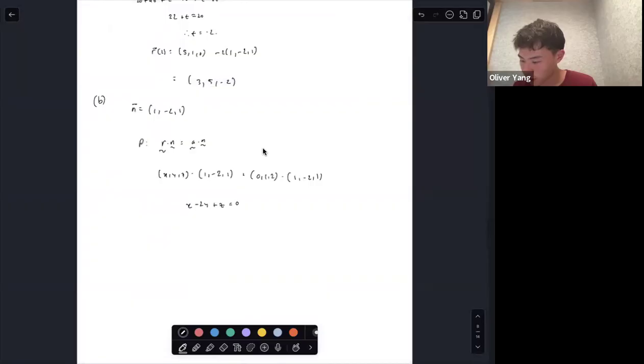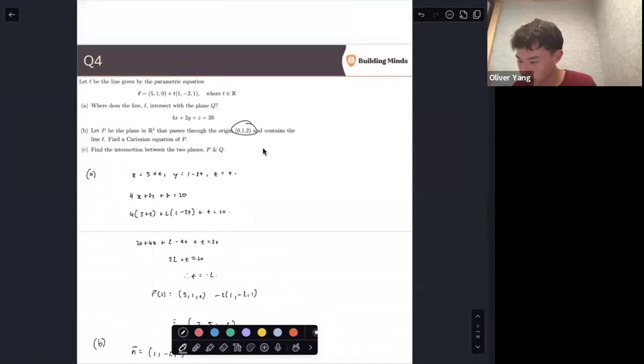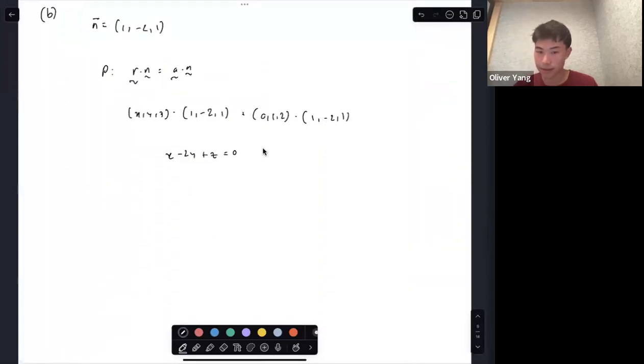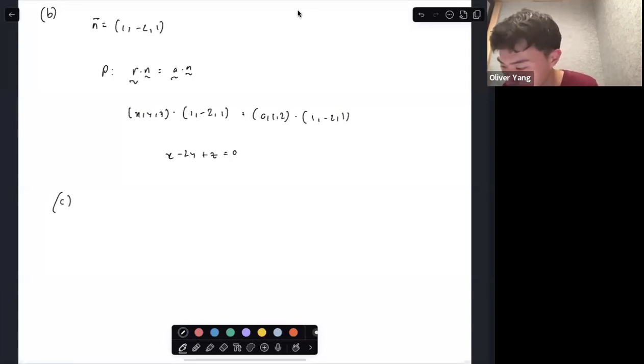So we get, oh, did I forget the... no, this is fine. Okay, see, we want to find the intersection between two planes, so we can do the cross product of them.